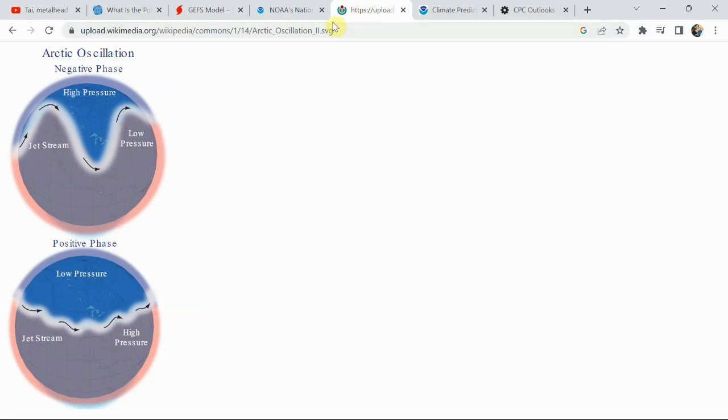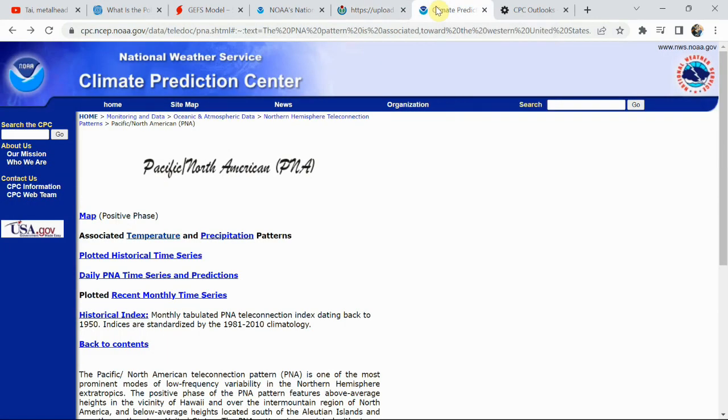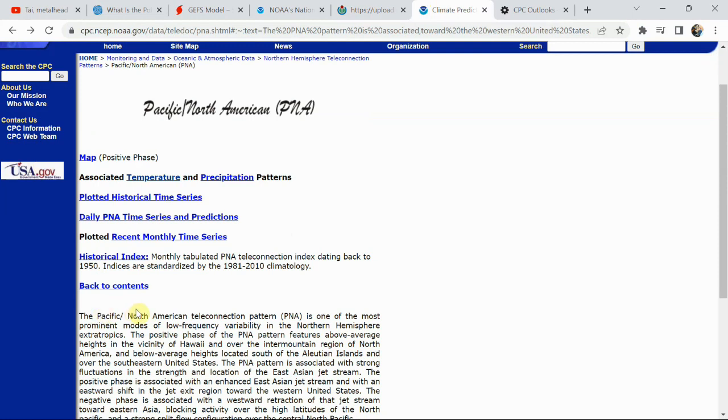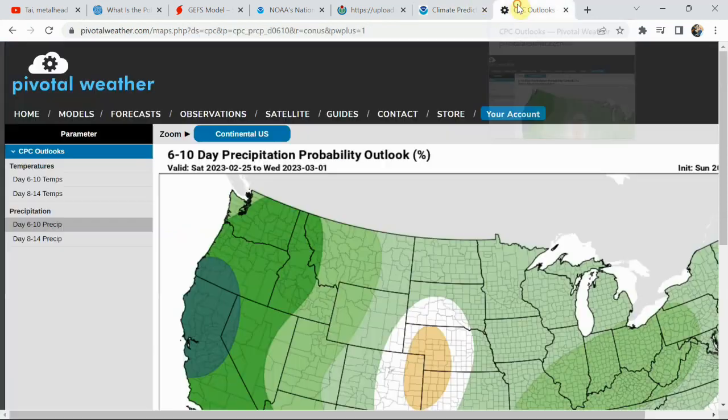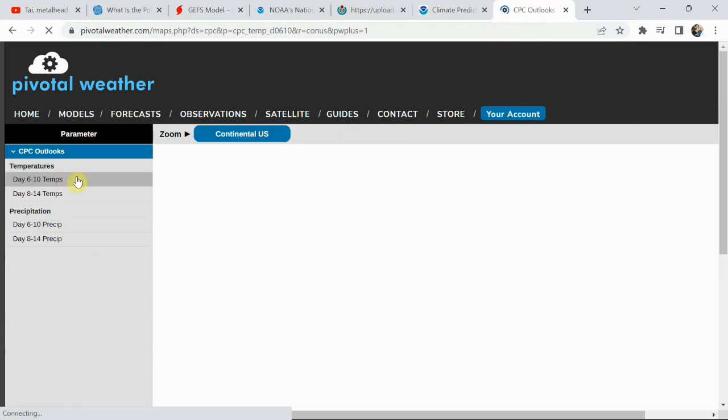Now, one other thing to note here is a pattern that I talk about a lot more, though, and that's called the PNA, the Pacific North American pattern. The Pacific North American teleconnection pattern, or PNA, as I say, is probably the most prominent mode of low frequency variability within really this entire hemisphere, not just the U.S. So basically, I'm going to show you a diagram, because I've mentioned it probably 1,000 times, of what a positive PNA pattern and a negative PNA pattern looks like.